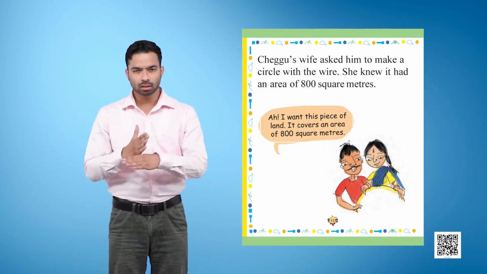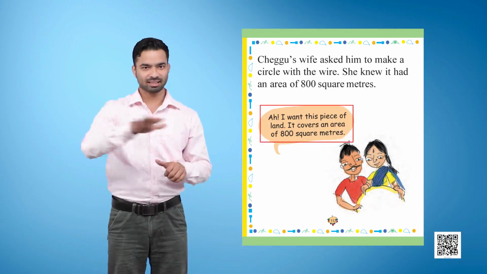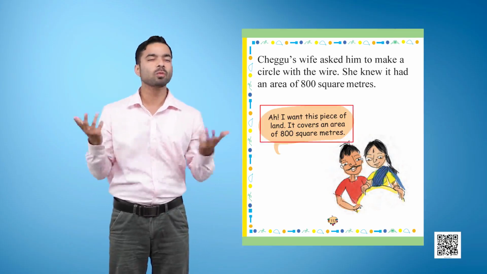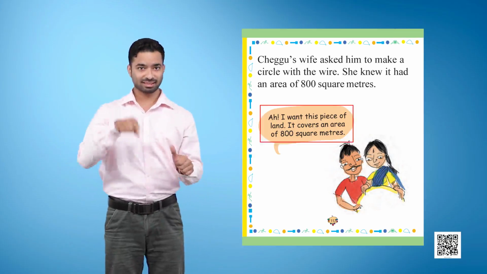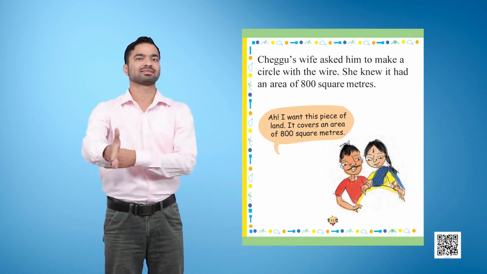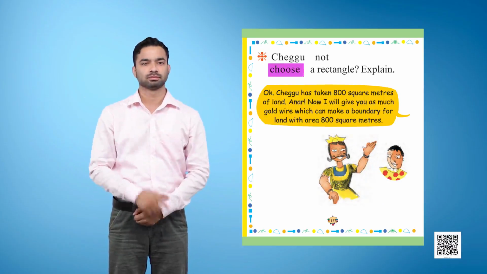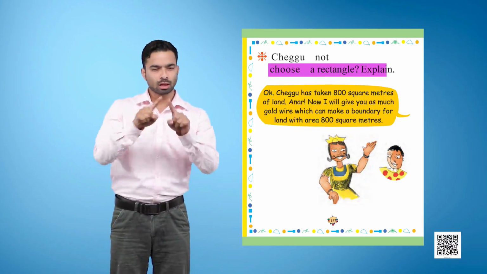Now, after realizing this, Chegu is telling her, "Ha! I want this piece of land. It covers an area of 800 square meters." See, Chegu did not choose a rectangle. Explain.